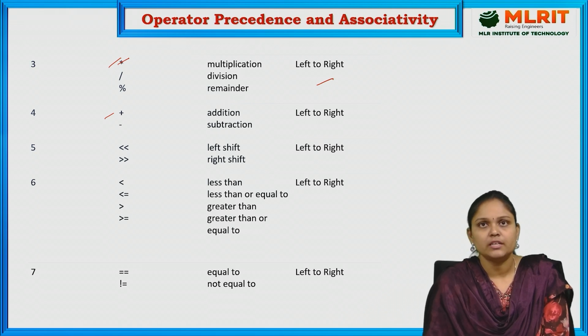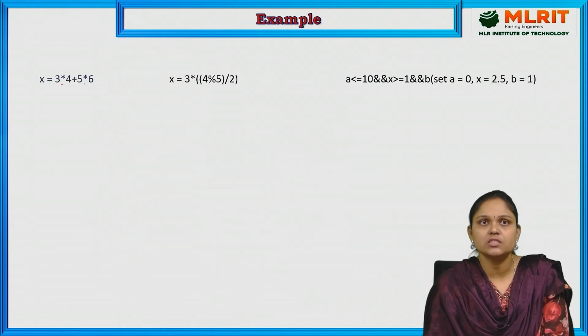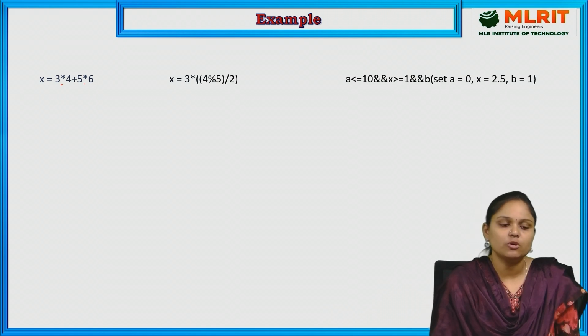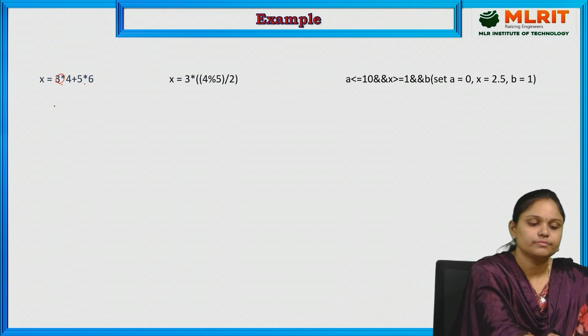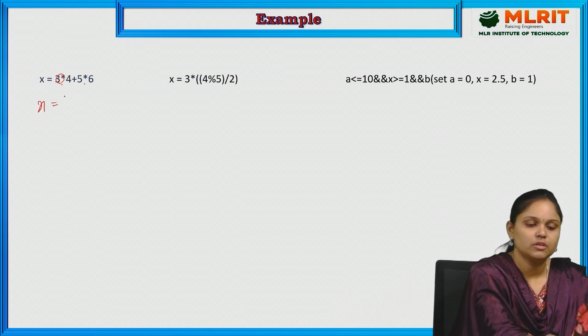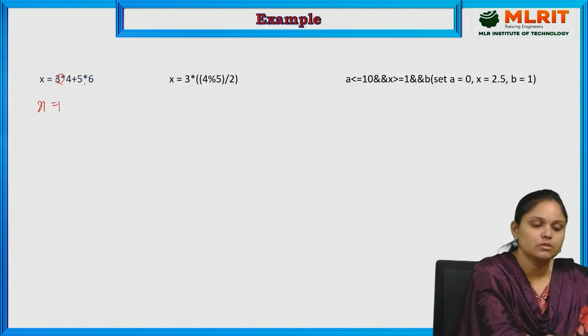So the left side operator, we need to solve first. So x is equals to 3 into 4, 3 into 4 is 12, plus 5 into 6.